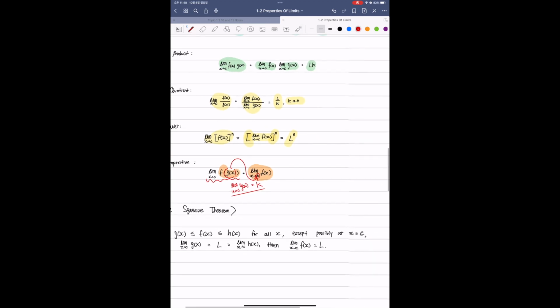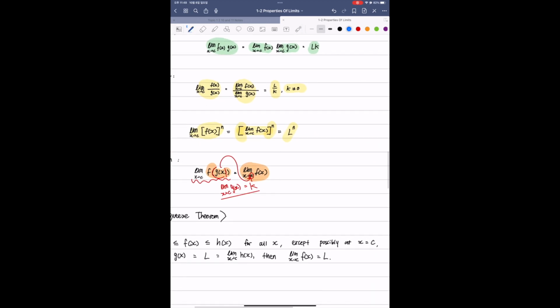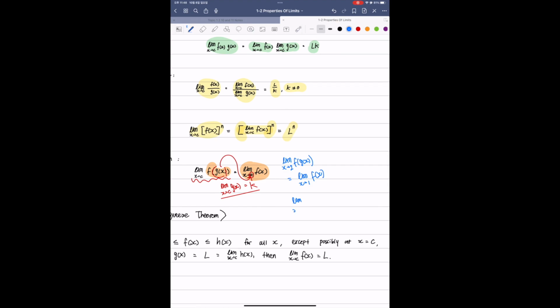So for example, if there's a limit of x towards 2 of a function f of g(x), then this equals the limit of x towards 1 of f(x), if the limit of x towards 2 of g(x) equals 1.